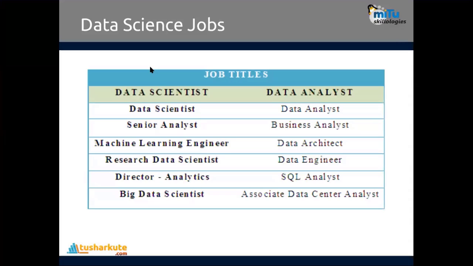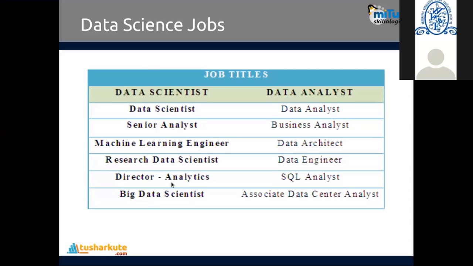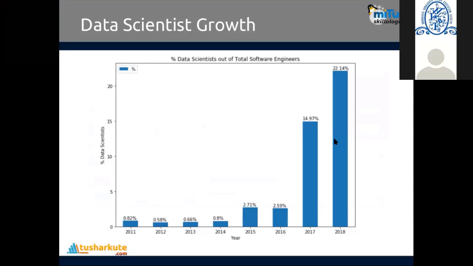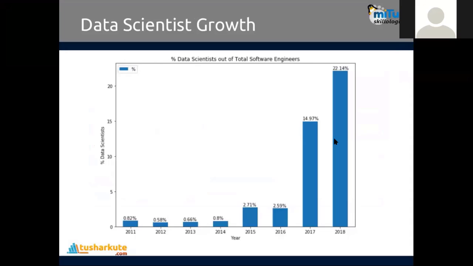If you see the total number of data scientists out of software engineers, it's also growing continuously, from 2011, 12, 13, 14, 15, 16, and today almost more than 30% of people are working on data science in the industry. Remember, you can check out the growth of data science here, and a few more organizations. So check it out.